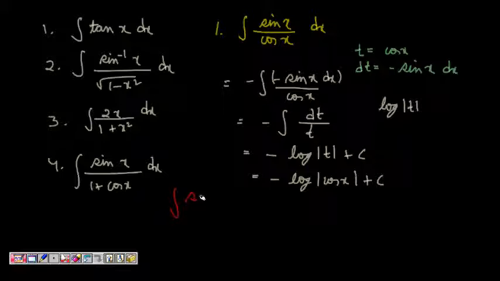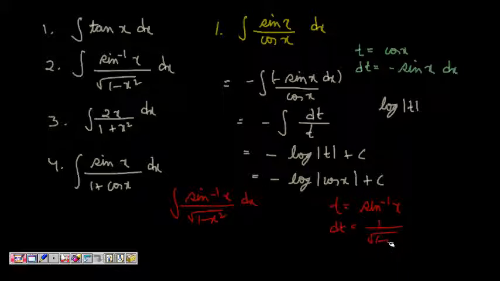Integral of sine inverse x by root under 1 minus x² dx. In the integrand, search for a function whose derivative is also present. If we take t = sine inverse x, its derivative is 1 by root under 1 minus x².